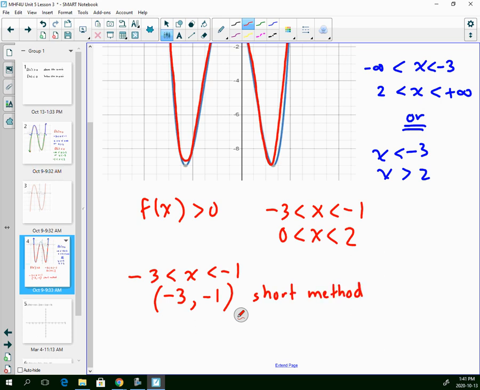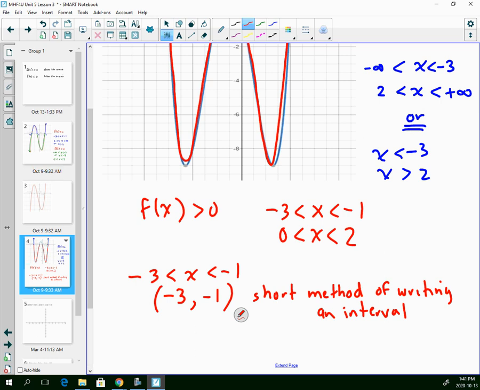So it's not a point. It doesn't mean the point -3, -1. It means between the interval -3 to -1. So not to be confused when you're looking at solutions, that is not a point, it is an interval. So it's just a short way. You'll see that more in calculus, where we tend to use that more often.